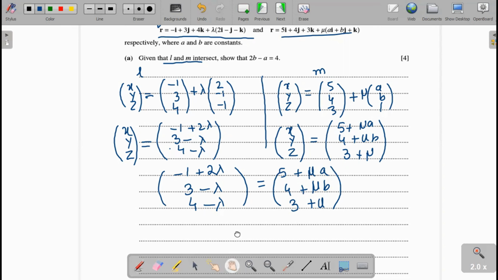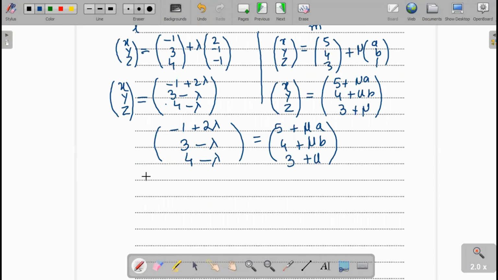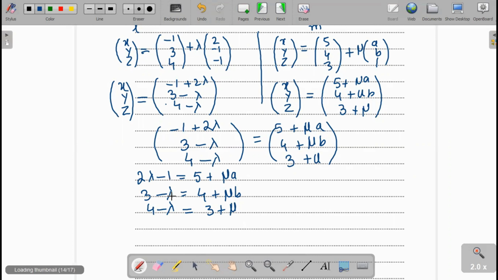Therefore, we get three equations. 2 lambda minus 1 equal to 5 plus mu a, and the second equation is 3 minus lambda equal to 4 plus mu b, and 4 minus lambda will be equal to 3 plus mu. We find the values of mu and lambda from two of these equations and put them in the third.